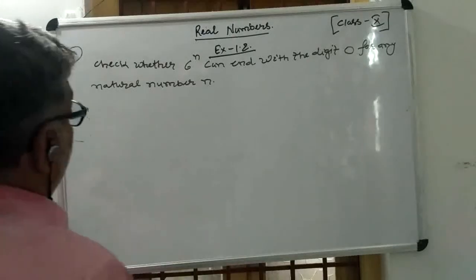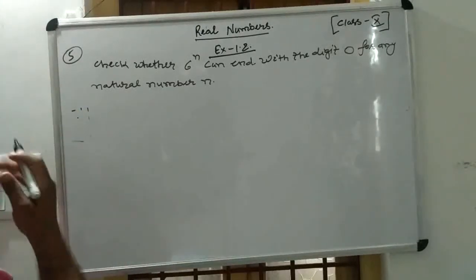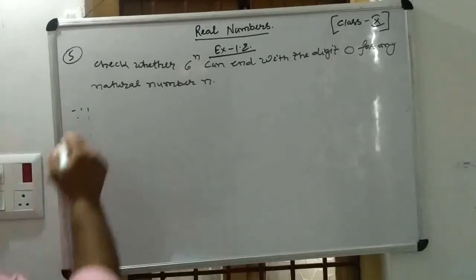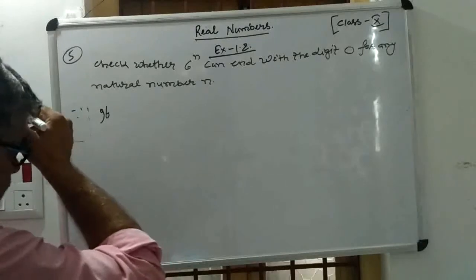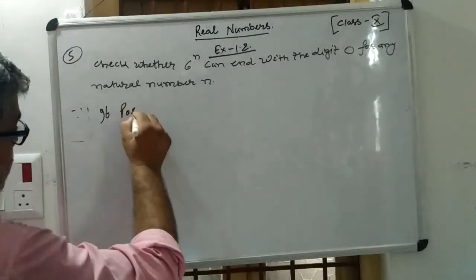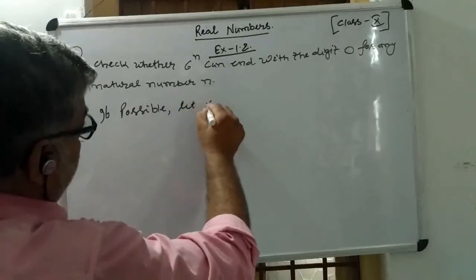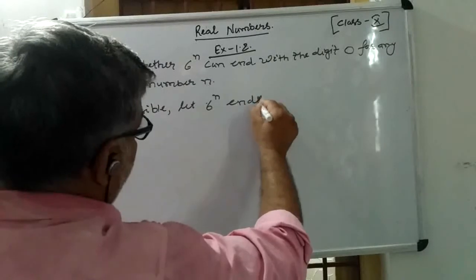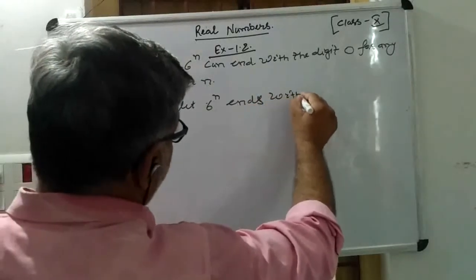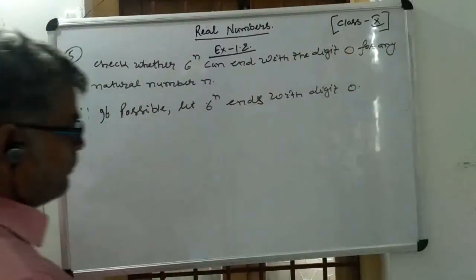So, if possible, let 6 to the power n end with the digit 0.